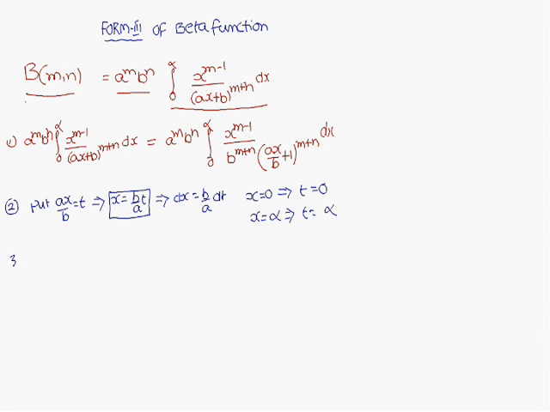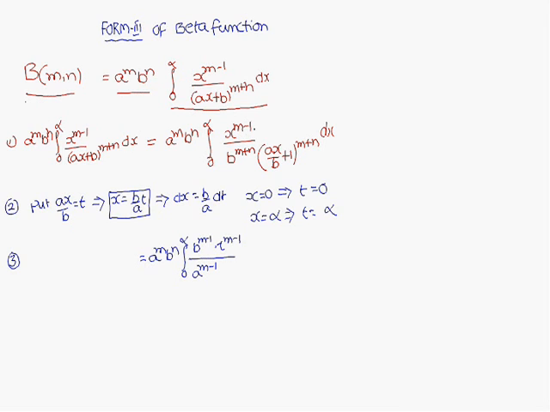Therefore, if you substitute all these values, you are going to get a^m b^n integral 0 to infinity x^(m-1). X means (b/a) t, therefore b^(m-1) t^(m-1) divided by a^(m-1).